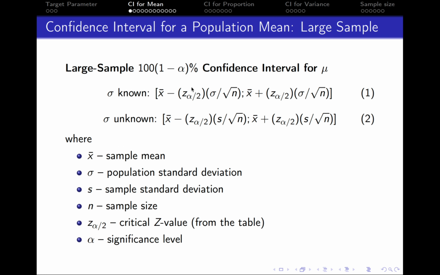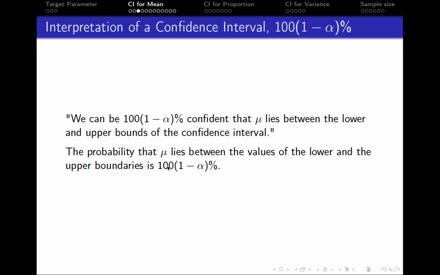Another way the confidence interval can be interpreted is that the probability that the population mean, mu, lies between the values of the lower and the upper boundaries is 90% or 95% or 99%.